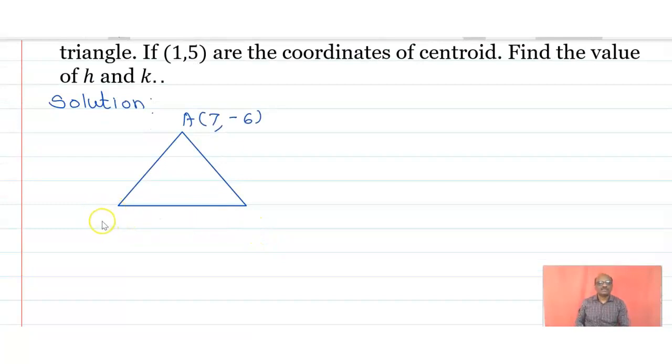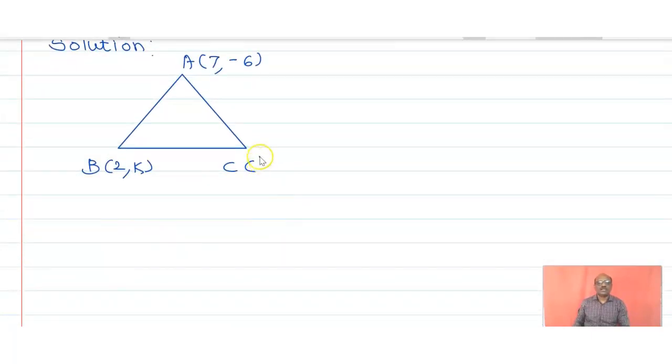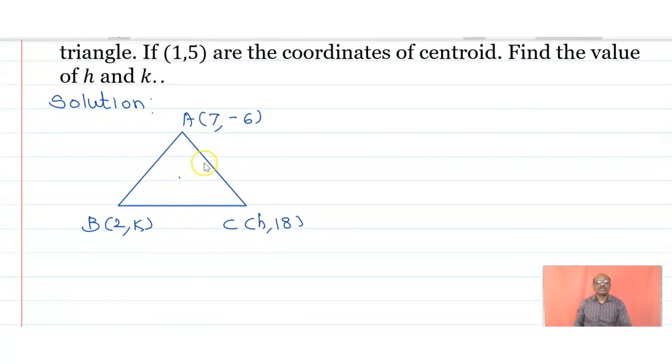B is 2, k. And C. The coordinate of C is h, 18. We are given the coordinate of the centroid is, suppose that G is the centroid of the triangle and its coordinate is 1 and 5.